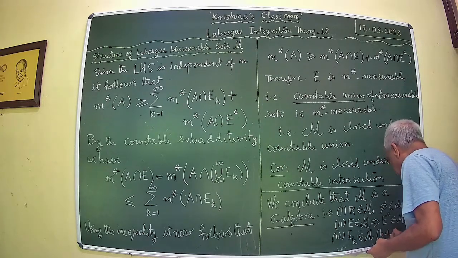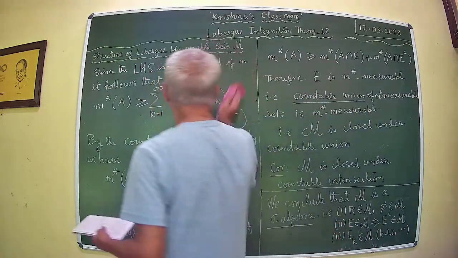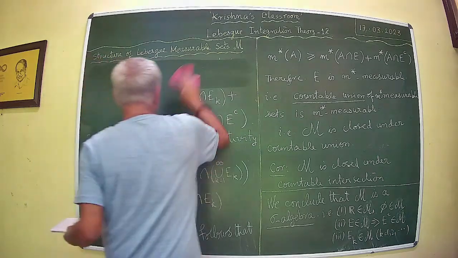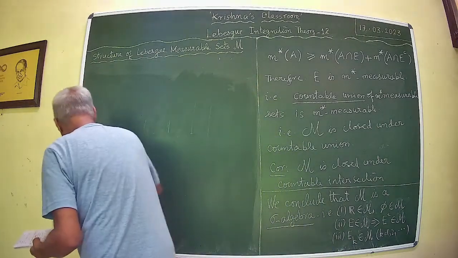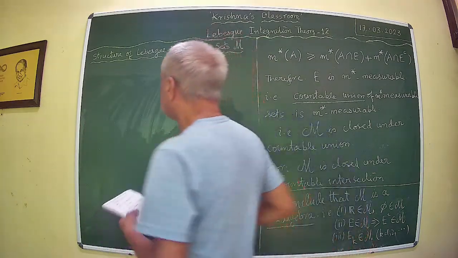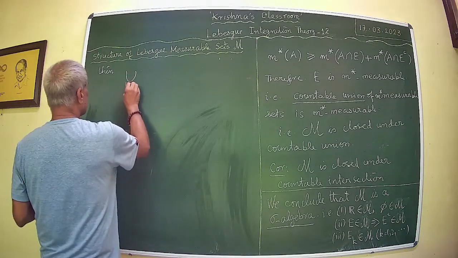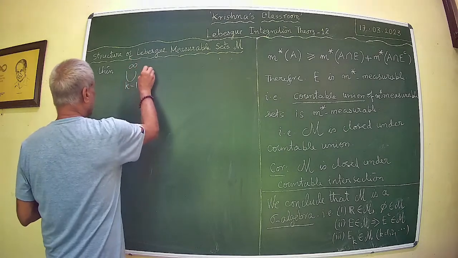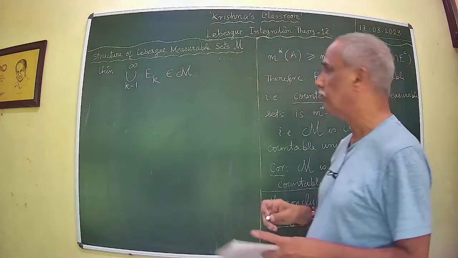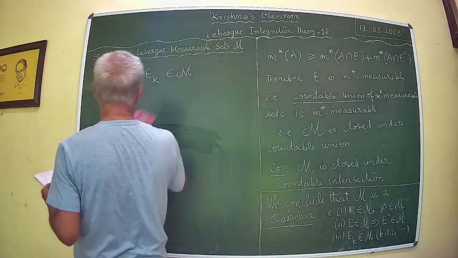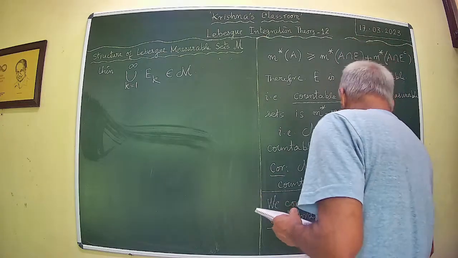For k equal to 1, then the countable union of E_k belongs to script M. This statement that I have made does not require the collection E_k to be mutually disjoint.